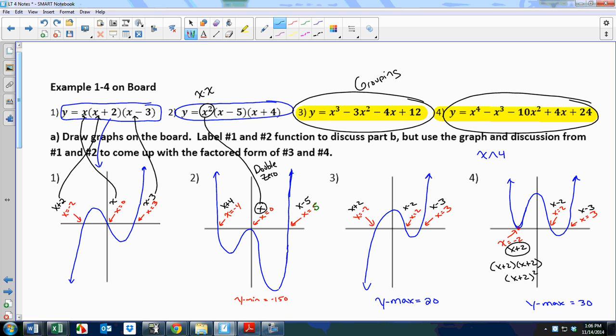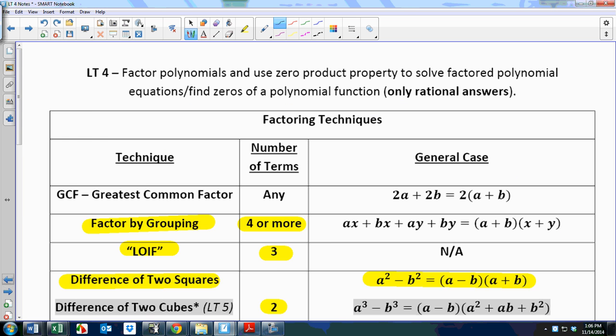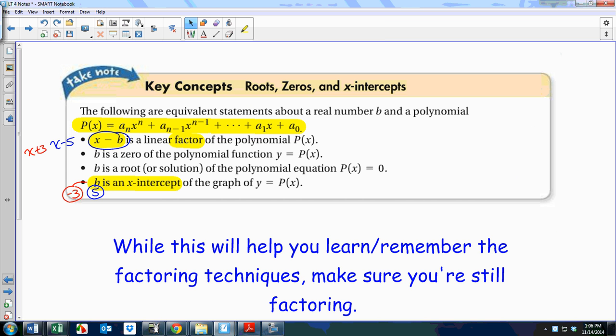Yes, sir. Okay. Back here at this key concept, if you know that b is an x-intercept, then you know x minus b is a factor. So when you asked why do they become opposite, if 5 is your x-intercept, then x minus 5 is the factor.